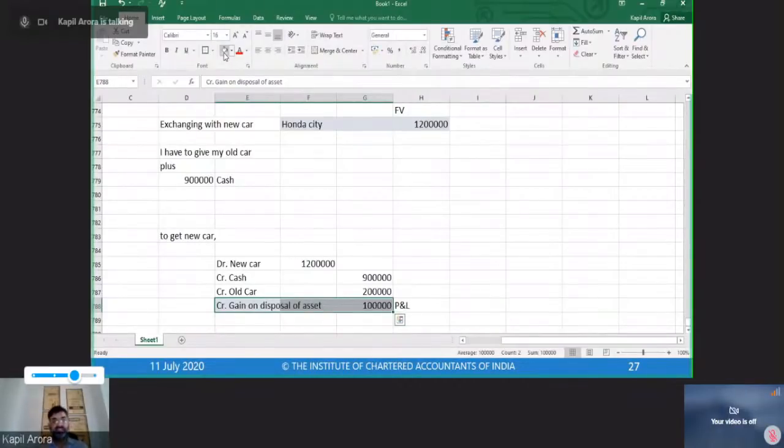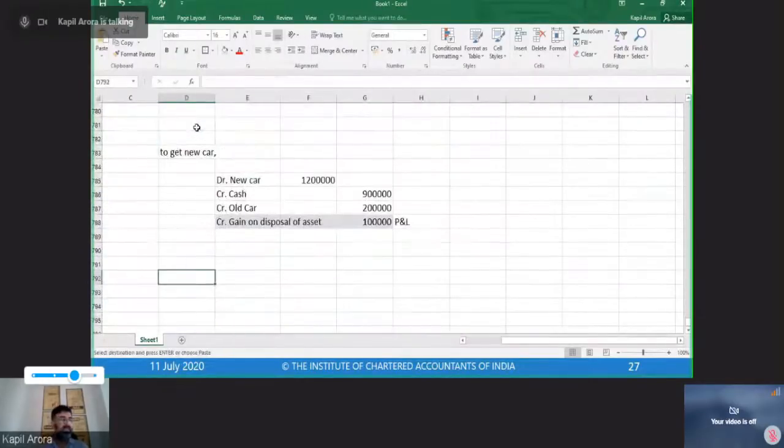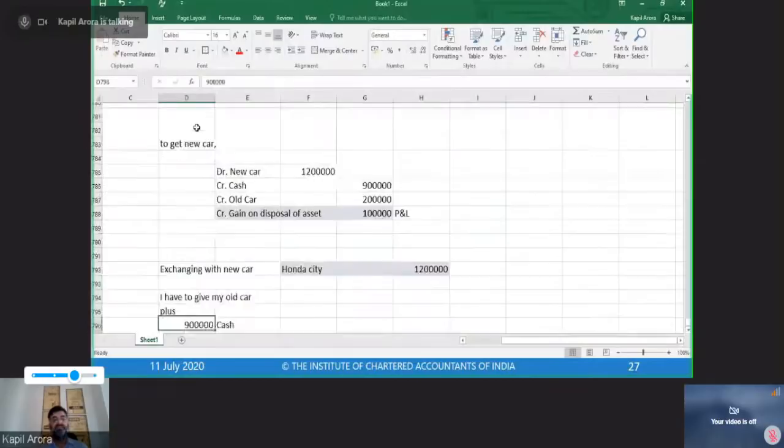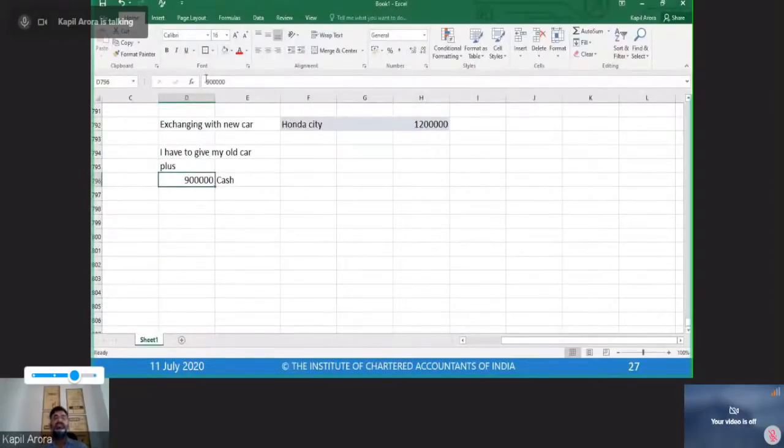So let's change the example again. I am giving my old car along with 11 lakh rupees. Instead of 9 lakh, now I have to give 11 lakh rupees. Honda City of 12 lakh is coming in.